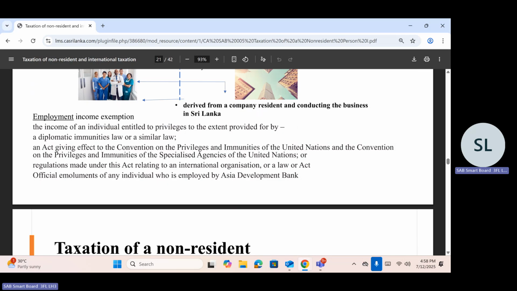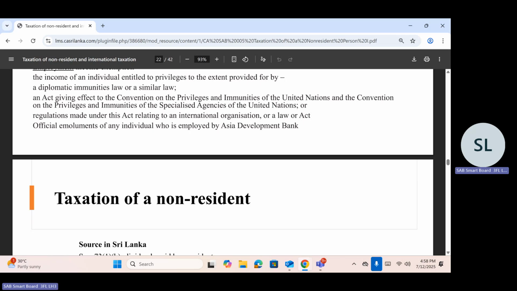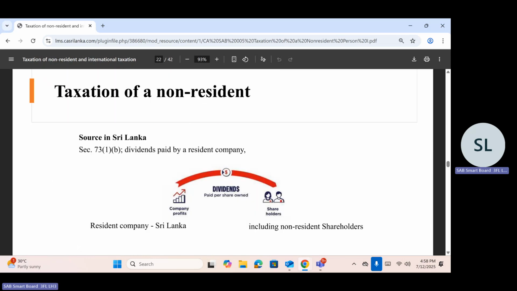So, United Nations, Asian Development Bank officials, that type of person, they are exempt. Right? So, in case of dividends, if the dividend is paid by a resident company, a company resident in Sri Lanka, if the company pays the dividend, it shall be derived as a source in Sri Lanka.